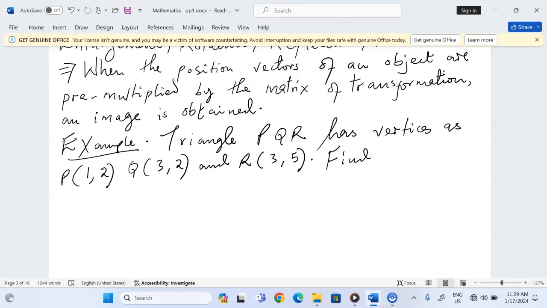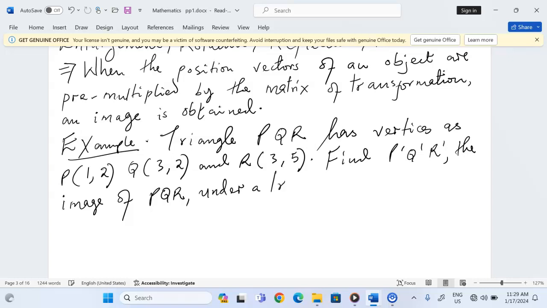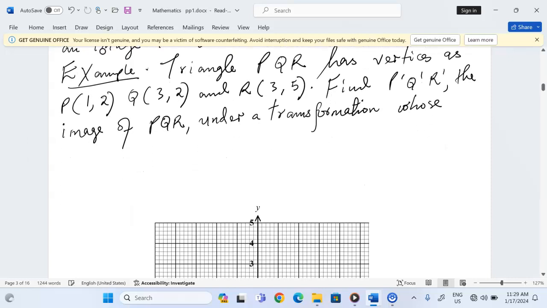Find P'Q'R', the image of PQR under a transformation whose matrix is [-1, 0; 0, 1].